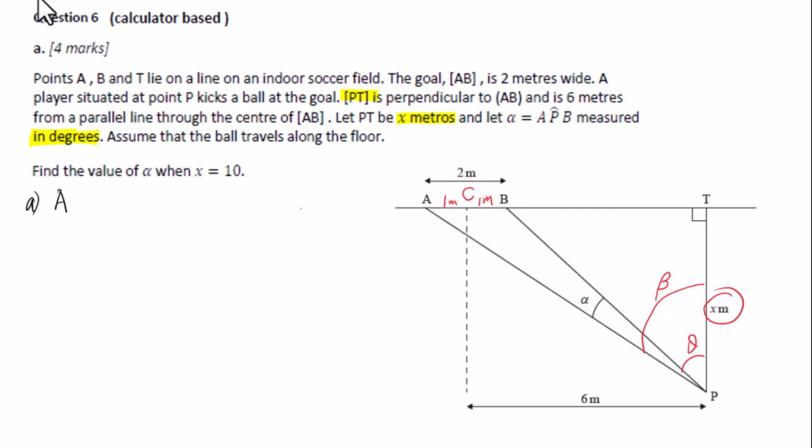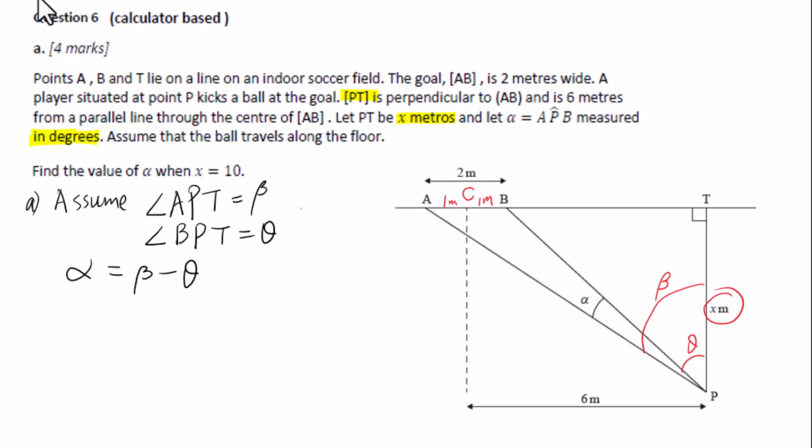So for A, assume angle APT equals beta, angle BPT equals theta. So we have alpha equals beta minus theta. Also, we can figure out BT equals 5 meters.